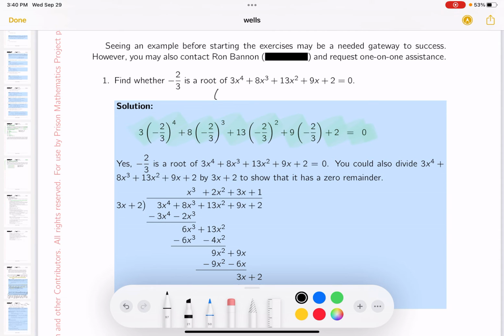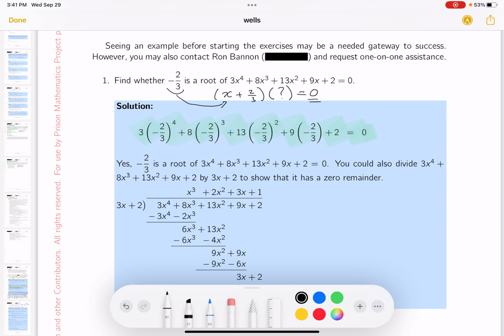So I know it's going to be x plus 2/3 times something, I just don't know what yet, would equal 0. Let me repeat this. Why do I know that? Because if you plug in minus 2/3 here, this would make this 0. And I've already verified it's a 0.